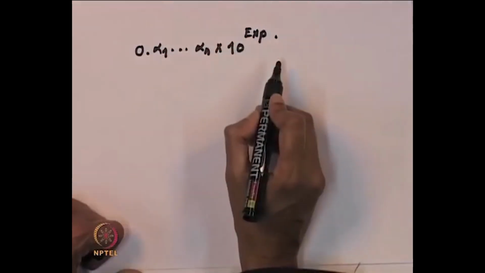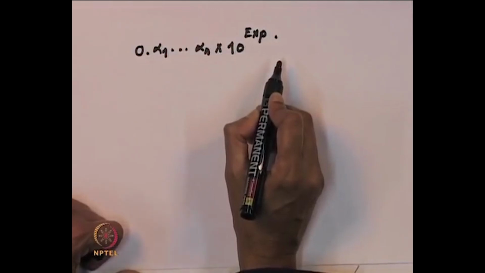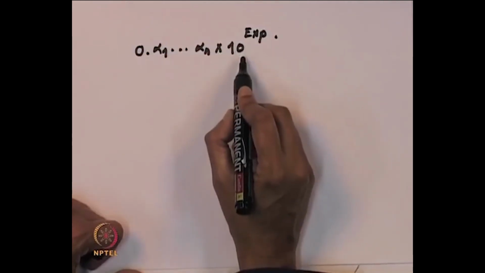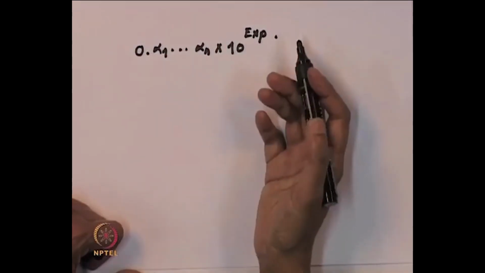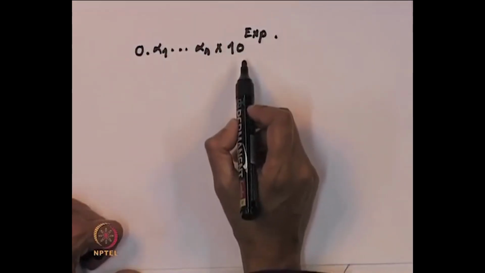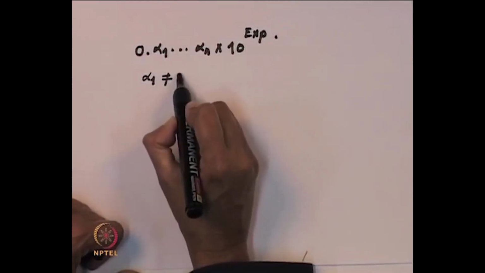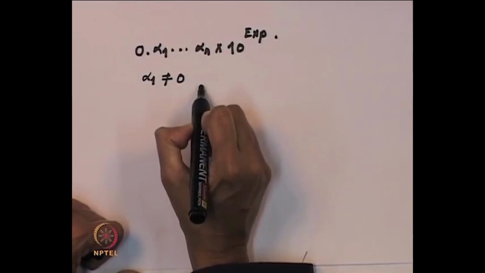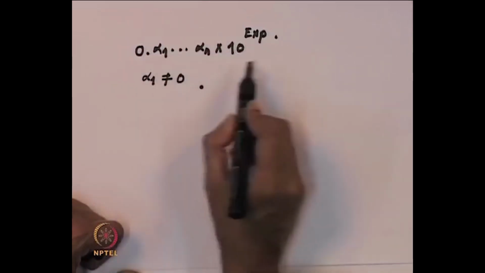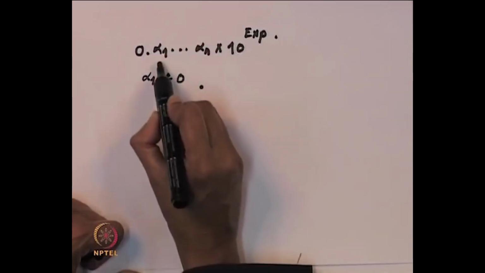This is going to be the representation of your number. I am writing to the base of 10, it can be a binary base or it can be 16, and you consider alpha 1 not equal to 0.